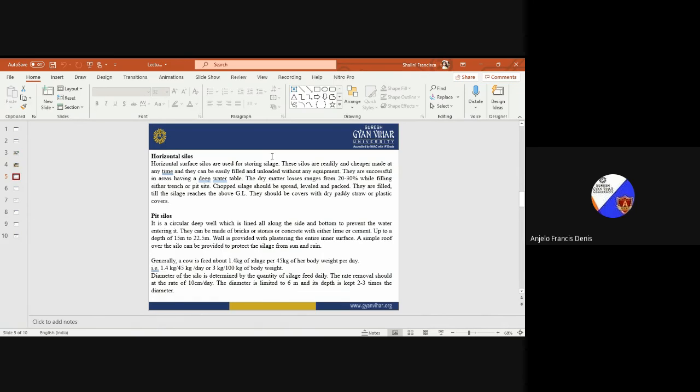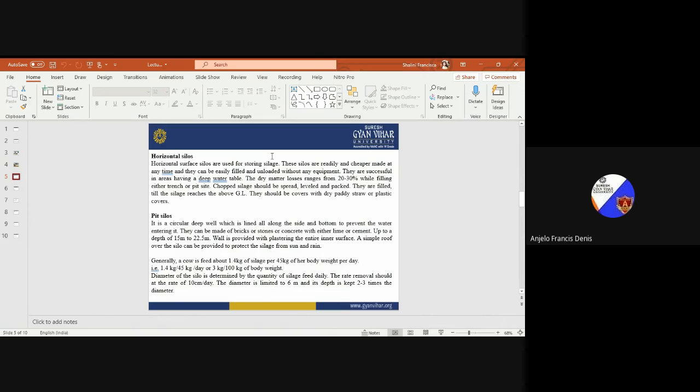So the depth is limited; it should vary between 15 and 22.5 meters, not more than that. The wall should be provided with plastering of the entire inner surface, and a simple roof over the silo can protect the silage from direct sun as well as rainfall.